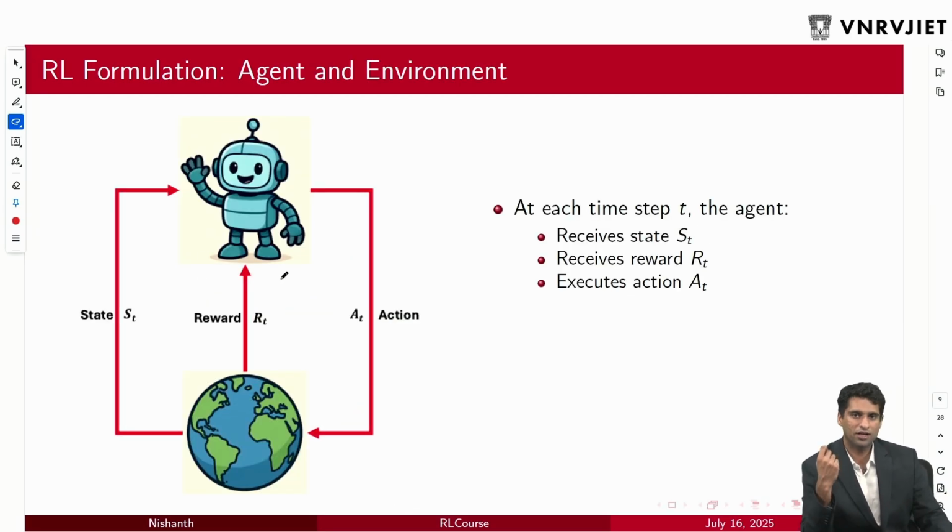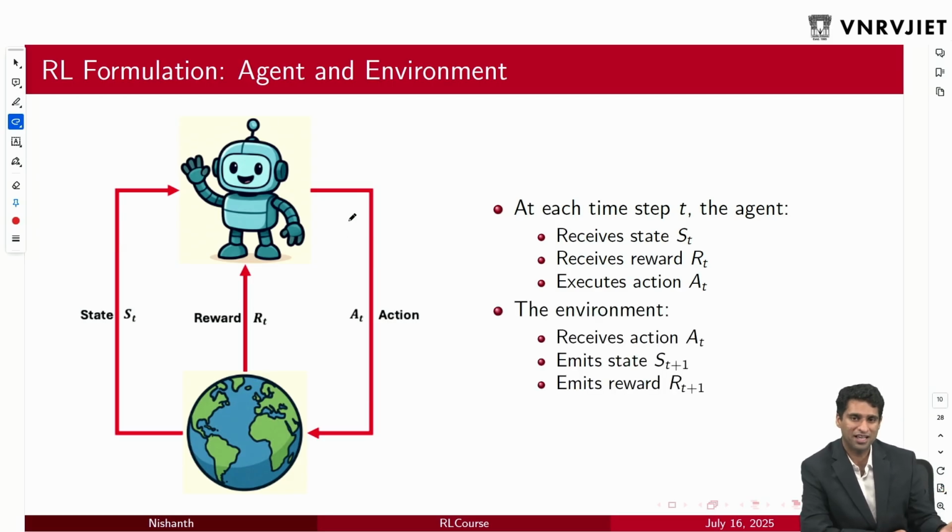Now, a reinforcement learning problem requires an agent, but it also requires an environment, right? Once we have an agent and an environment, at each time step t, the agent receives some state and some reward as input, and the agent takes some action as output.